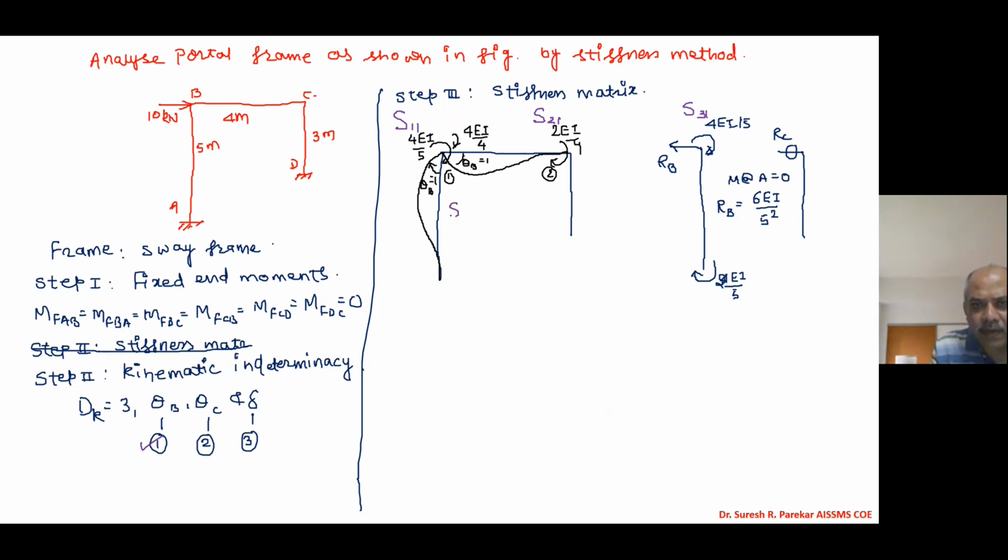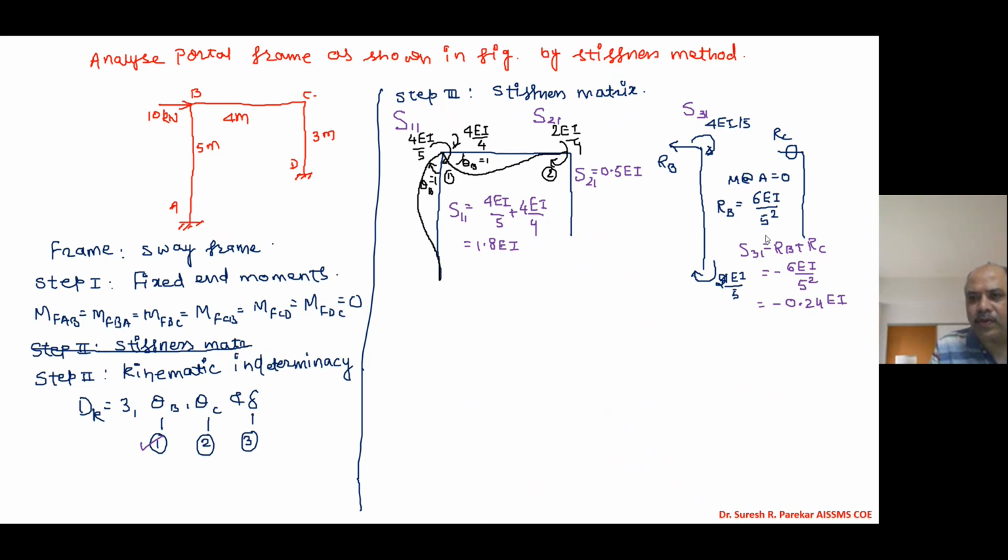Therefore S11 is equal to 4 EI by 5 plus 4 EI by 4, and this value comes 1.8 EI. Now S21 is directly 0.5 EI. Now S31 equal to RB plus RC, and RB we now have as minus 6 EI upon 5 square, and then we will get minus 0.24 EI.